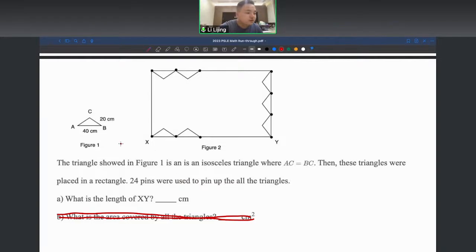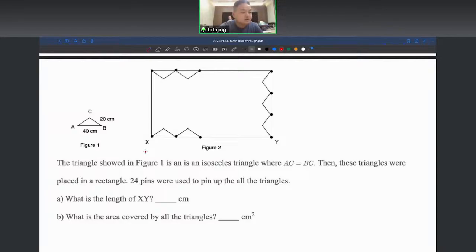If you tell me the triangle upside down, which one triangle upside down? Okay, B is correct, asking you for the area. But I think the triangle got some error, right? Yeah, so the X and Y is upside down, the two triangles.